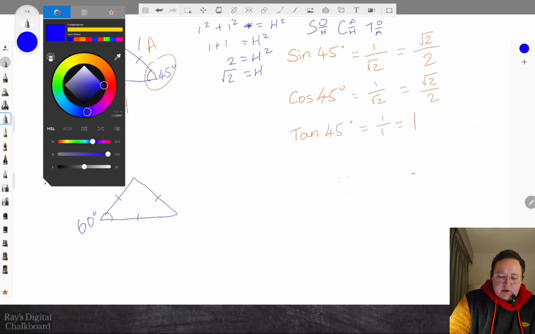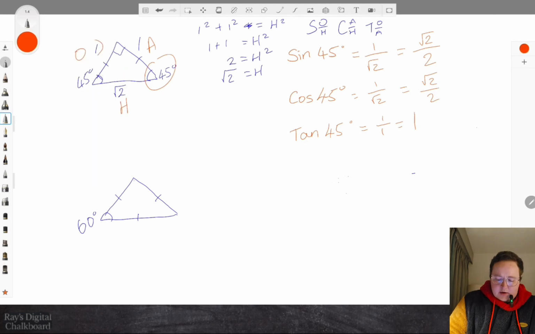Then we're going to cut this triangle in half. We draw a line straight down from that top angle, perpendicular to the line below it. That will make our right angle, and it will also halve this top angle, so now this is 30 degrees.